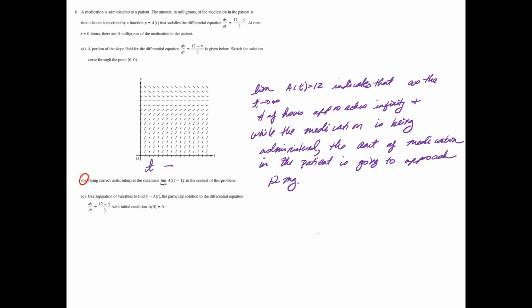So here's your t. As t approaches infinity, looking at this curve right here, you have 1, 2, 3, 4, 5, 6, 7, 8, 9, 10, 11, 12. That's approximately 12 milligrams.